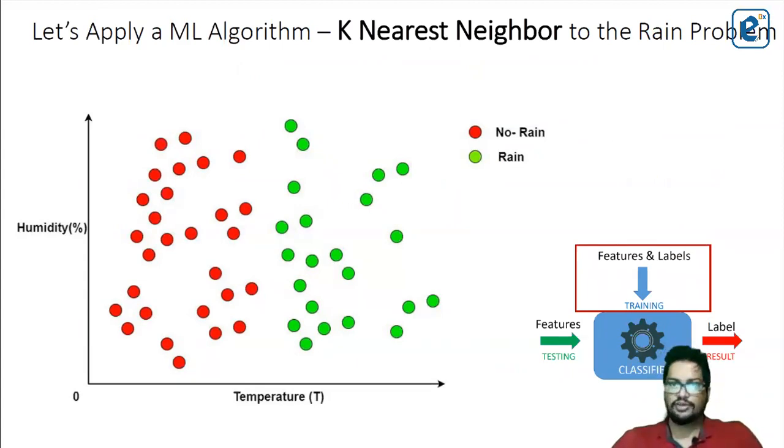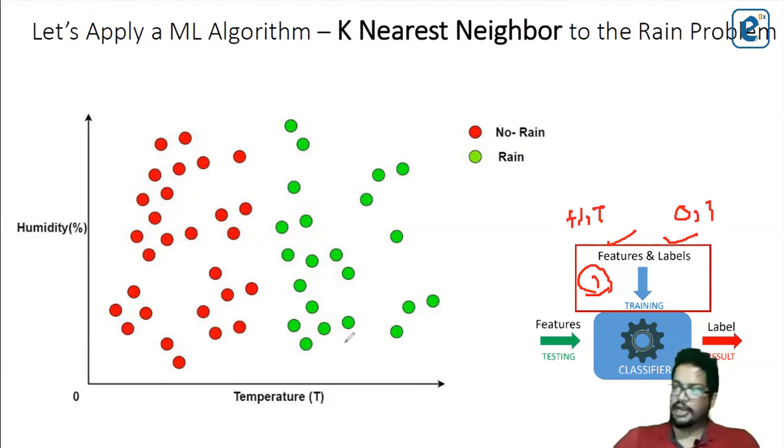So this is how it's going to be trained. Right? So we are going to apply features and labels, right? So features will be the humidity and temperature, and the label will be 0 or 1, right?